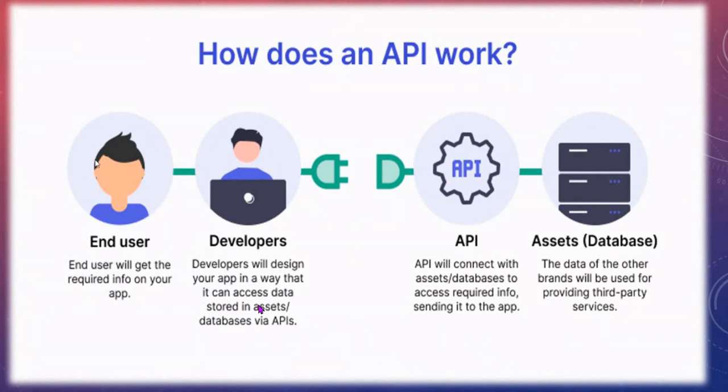The waiter gives the order to the kitchen, whereas the API gives the request to the web server. The kitchen staff prepare the food and pass it to the pickup.